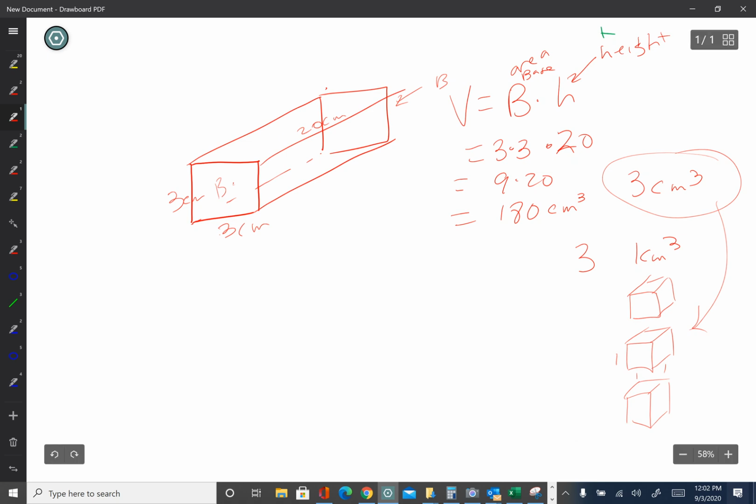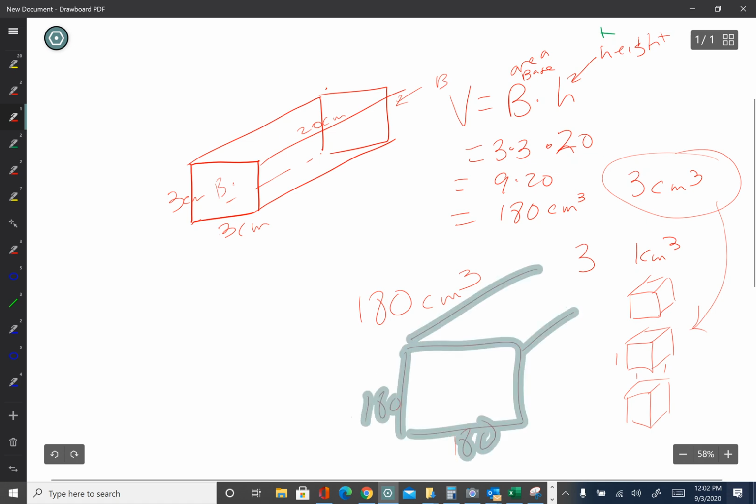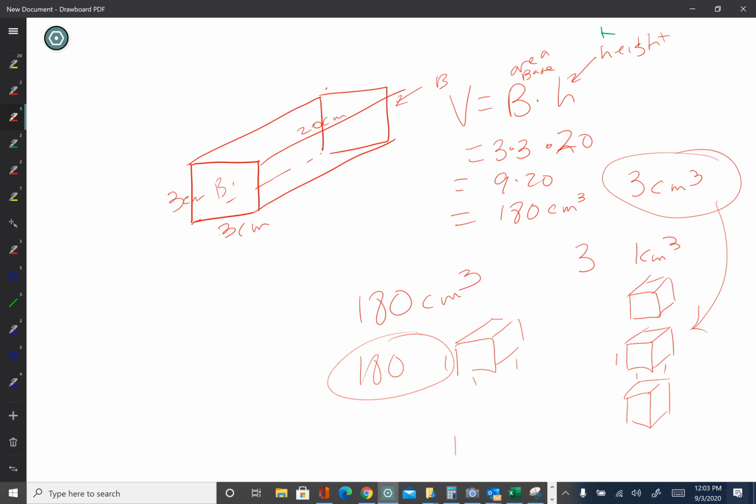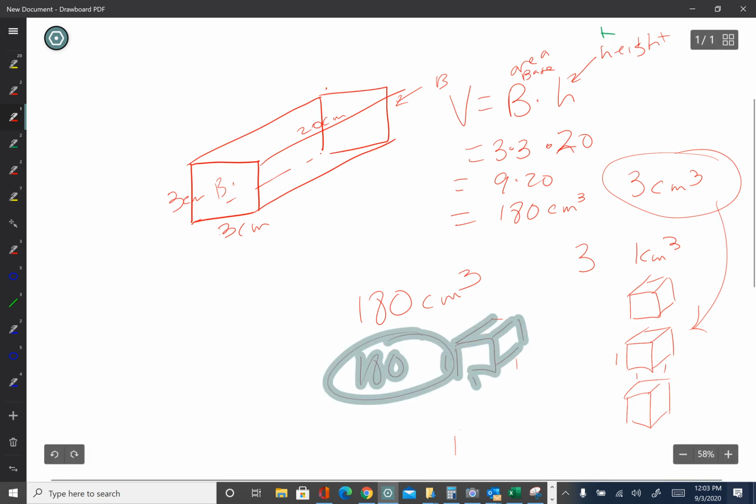So if somebody says something is 180 centimeters cubed, it does not mean that the sides are 180. No, that is incorrect. What it means is you have 180 of these little 1 by 1 by 1 cubes. It takes 180 of those cubes to fill up the shape. That's what a centimeter cubed is.